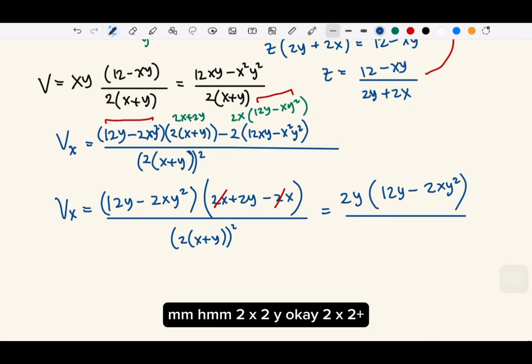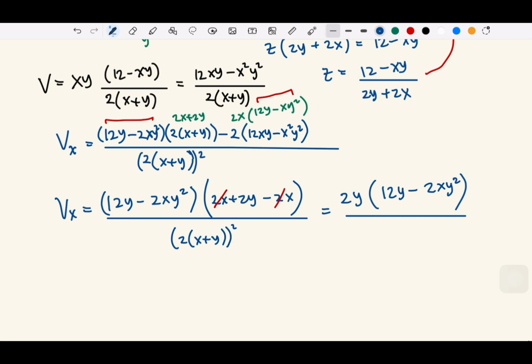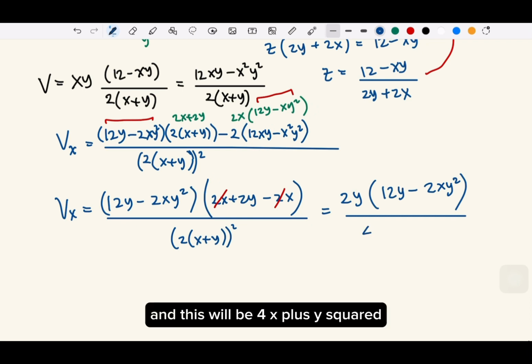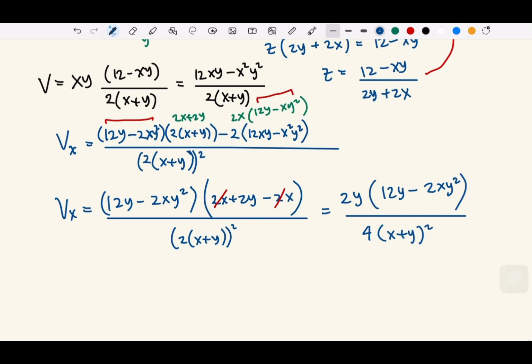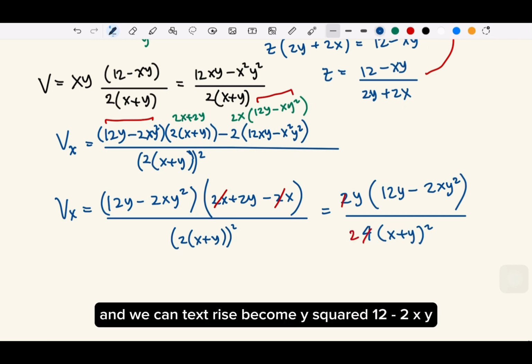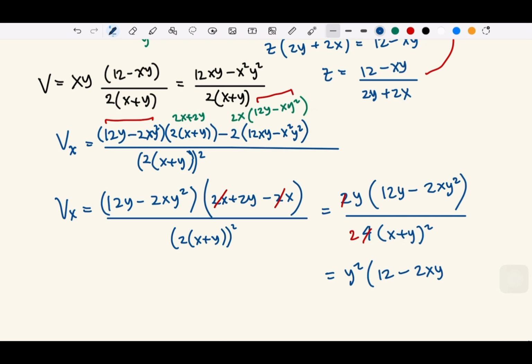2x, 2y, okay, 2x, 2 plus this and that, okay. And this will be 4x plus y squared. It can be cancelled, this becomes 2. And we can factorize, become y squared, 12 minus 2xy. Okay.